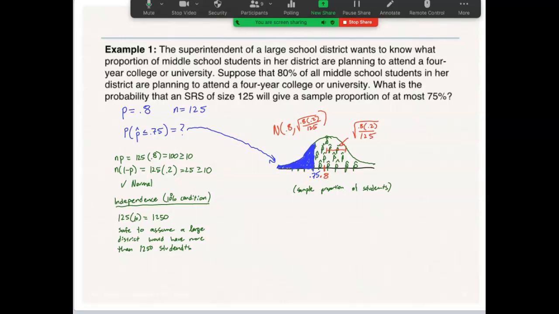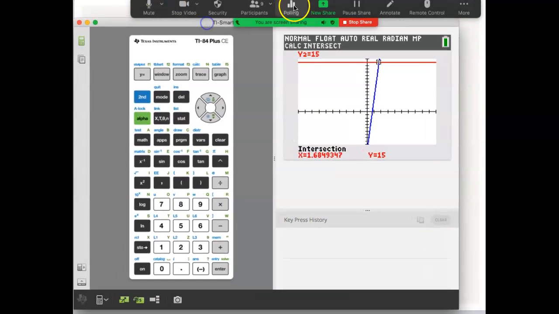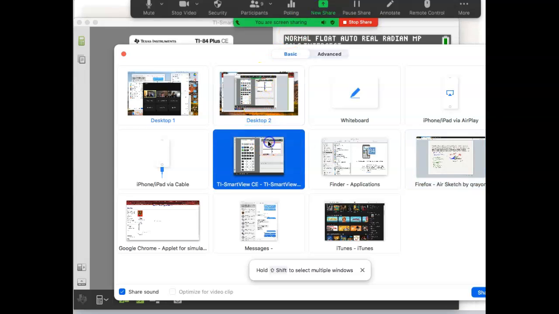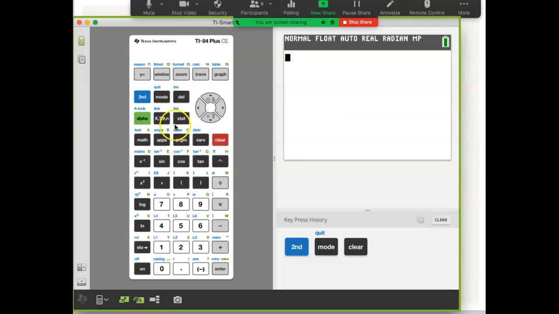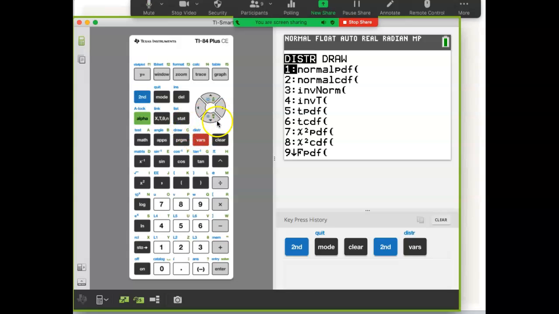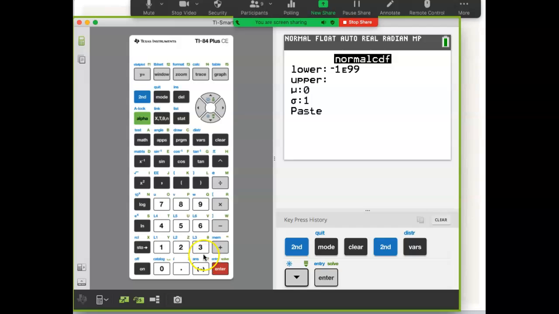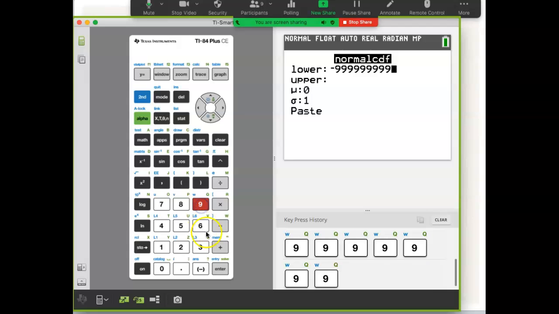Sorry, it takes my calculator a second to open. Okay. So that's in distribution, so I'm going to go second vars. It's the second one. It's normal CDF. My lower boundary is technically negative infinity, so I'll just go negative 999.